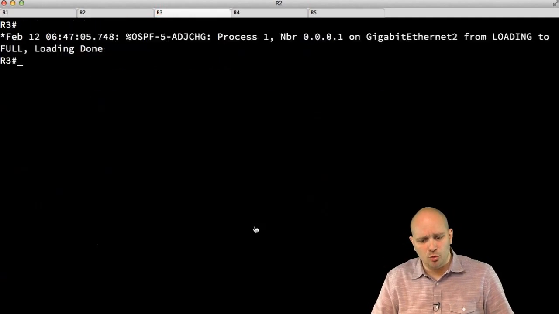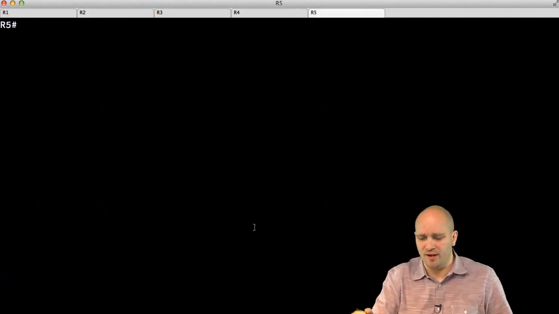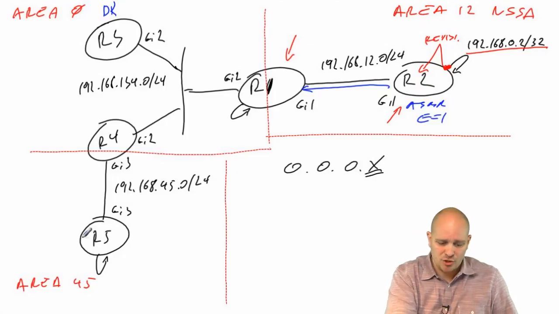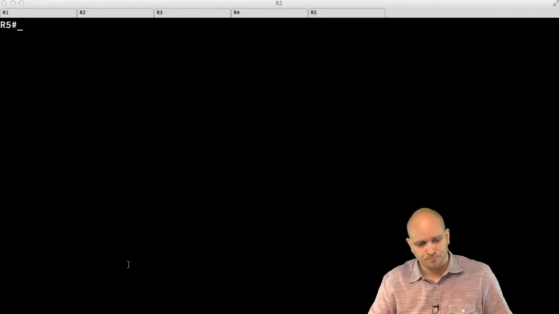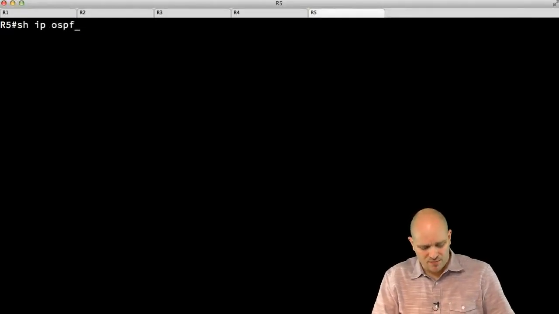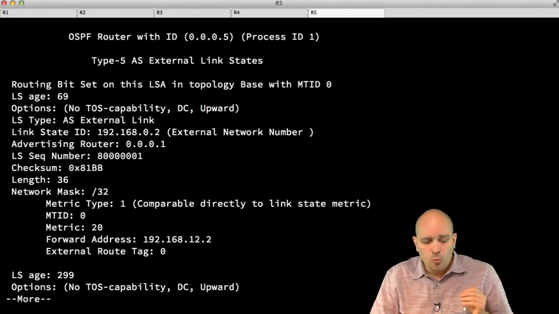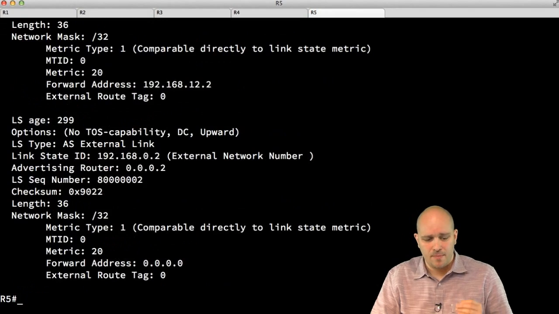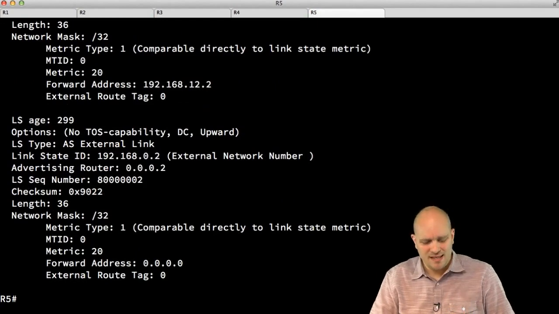Now, if I go all the way to R5, remember our diagram here. So now I'm on R5. If I take a look at show IP OSPF database external, here I will actually have an external LSA. The problem here is that I'm seeing two of them, and one of them is a stale one.